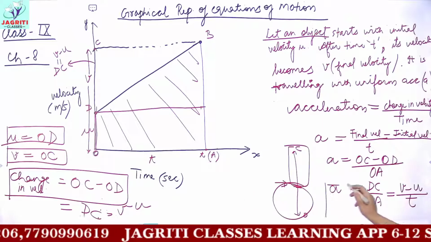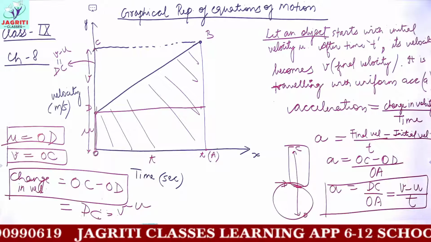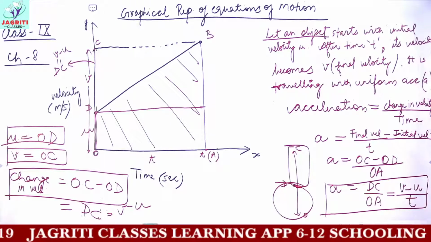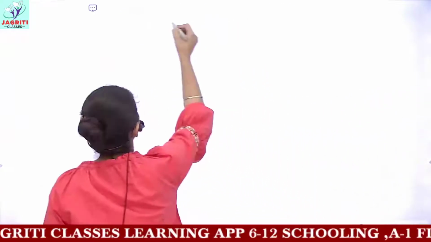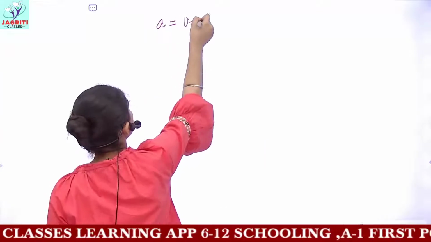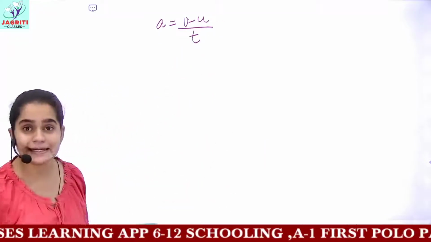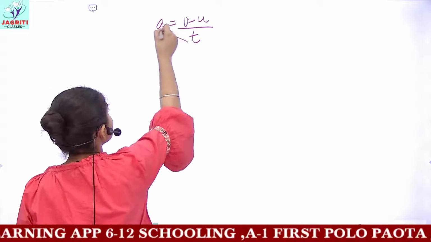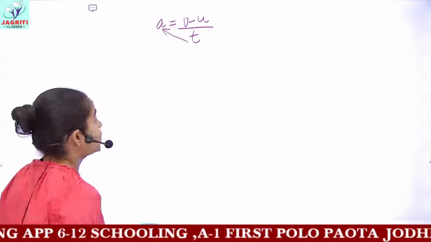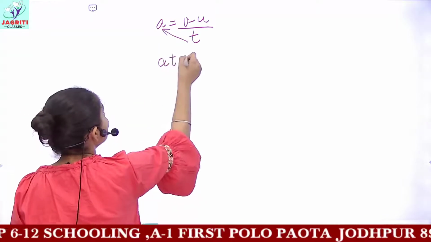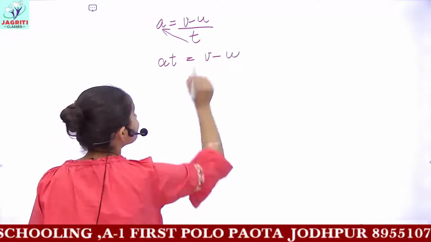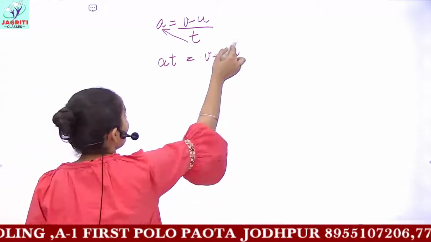And when a equals V minus U upon t, we got this equation a is equal to V minus U upon t. Now I am shifting this t to the left hand side of the equation. It becomes a into t is equal to V minus U. And here you have minus U.